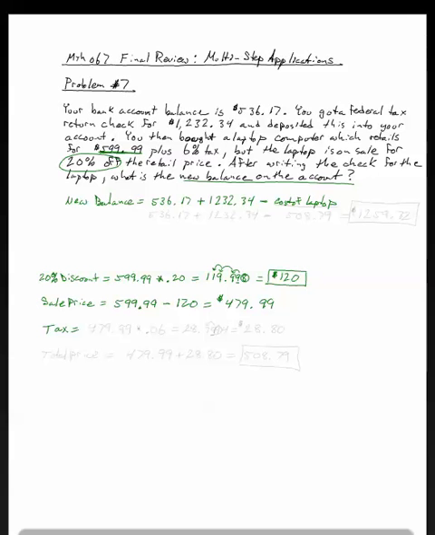That's going to be our sale price of $479.99, and since it's a 6% tax, 6% as a decimal is 0.06. So we're going to multiply by 0.06.